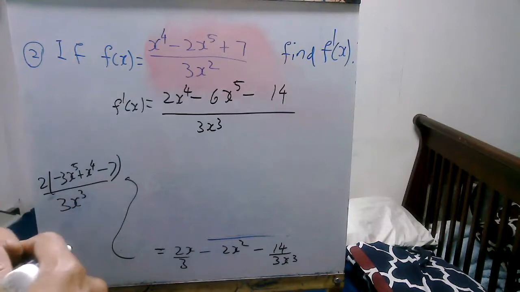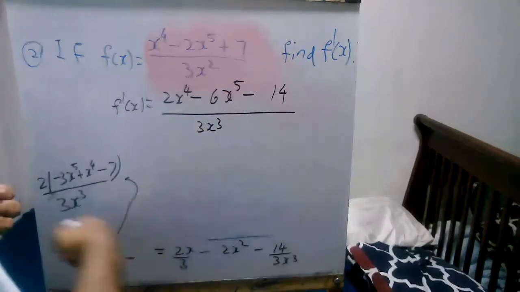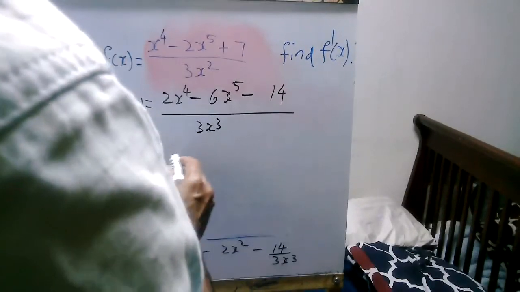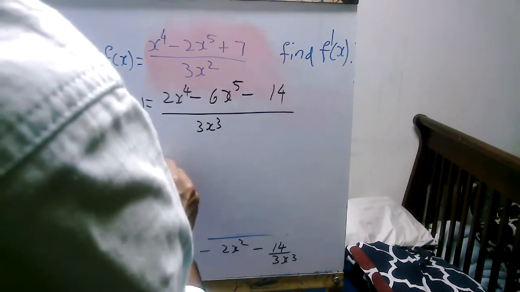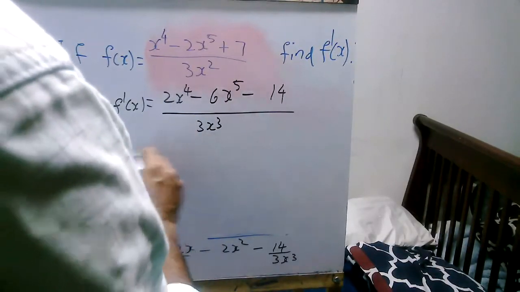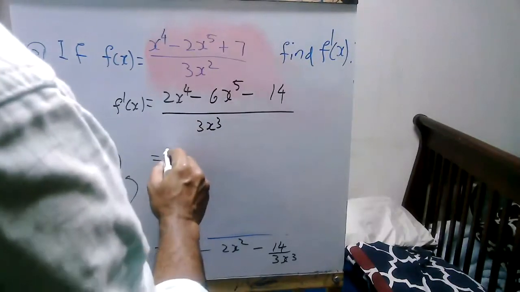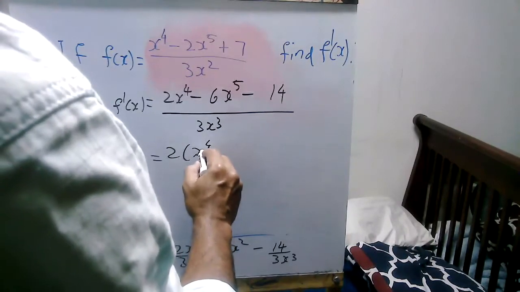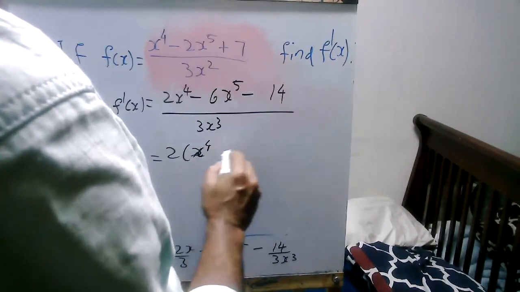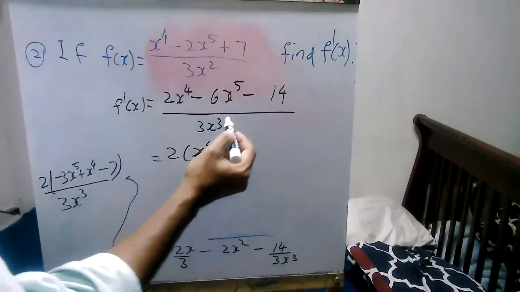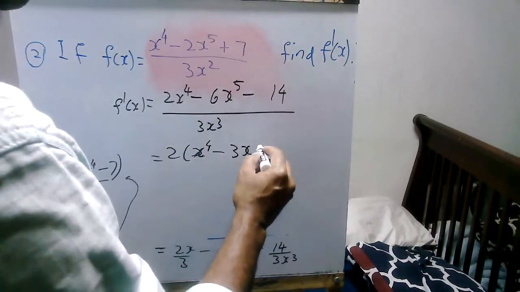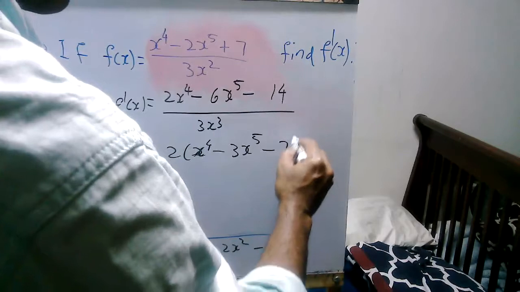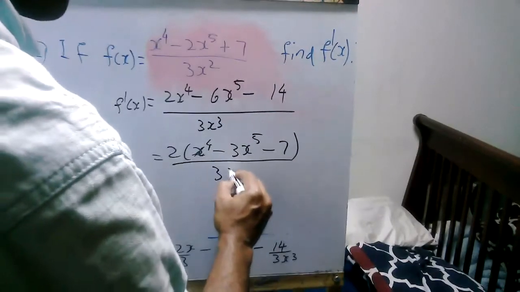Right, now take 2 out, we get this. If you take out 2 as the common factor, x to the power 4 minus 2 times 3x to the power 5 minus 2 times 7 divided by 3x to the power 3.